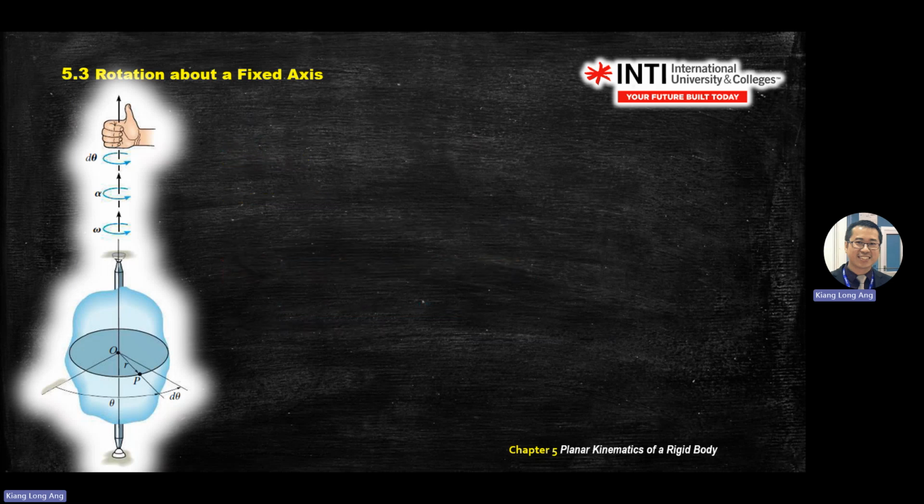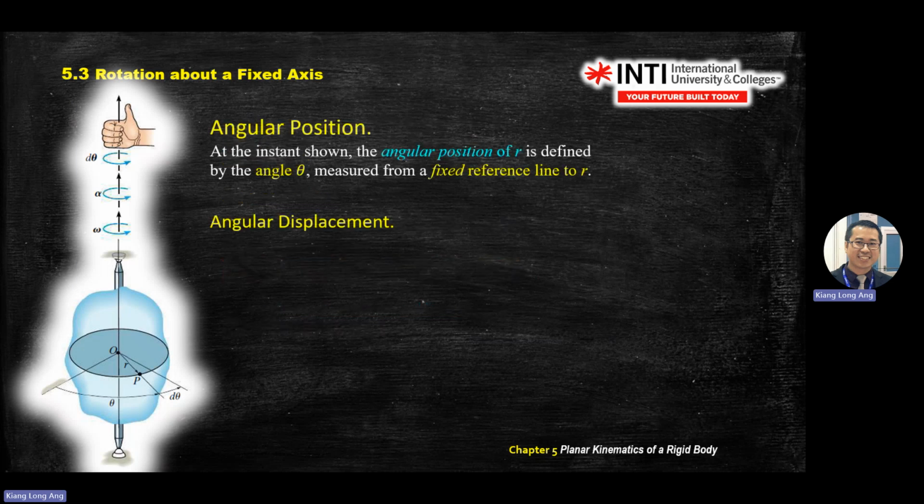First equation: how do we define rotation position? By using an angle, measured from a fixed reference, for example this line, which is your starting point. So you measure your angular or rotation position by angle. It moves from this point to this point, so you have an angle.